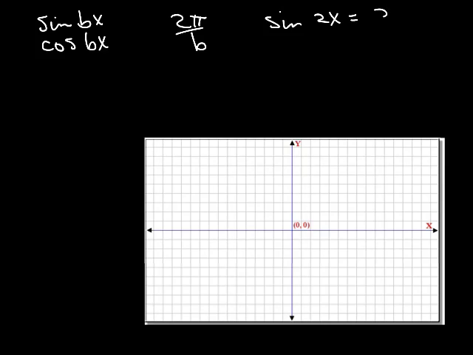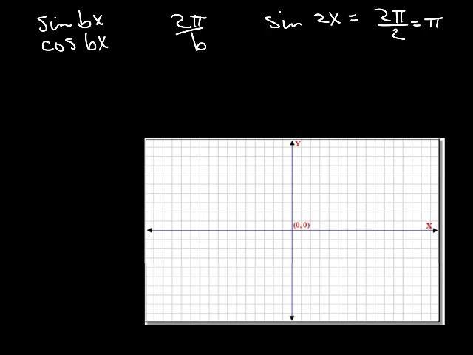So if I'm dealing with a sine of bx or the cosine of bx, then my period for either one of those is going to be 2 pi over b, right? So if, for instance, again, I had the sine of 2x, the period of that would be 2 pi over b, which in this case would be 2, which would be pi.